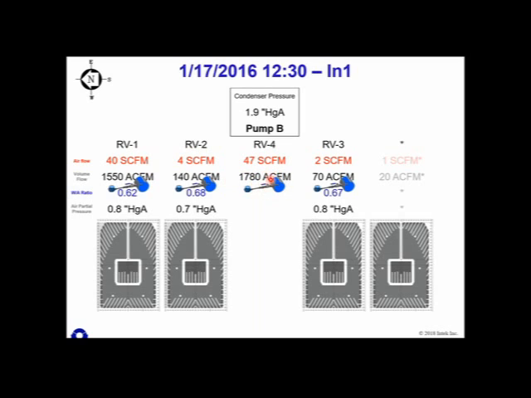That's what the vacuum pump is pulling. And what they didn't believe is that the total flow rate from these other bundles could be so low. 140 CFM, 70 CFM, almost nothing coming out of this bundle, 20 CFM. And all of the capacity coming from this bundle here, 1,558 CFM. So that's the reason they didn't believe it.